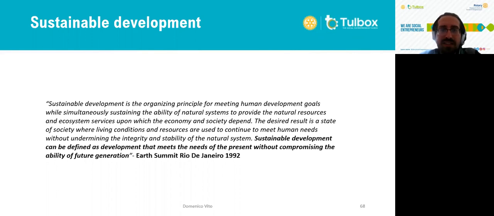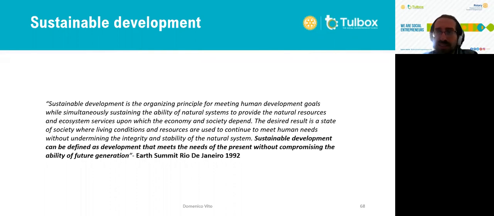We can say that it is a kind of intergenerational equity. Sustainable development is the one that allows the current generation to develop without harming the possibility of the next generation to live in the same condition, with the same resources and the same opportunities as the current one.